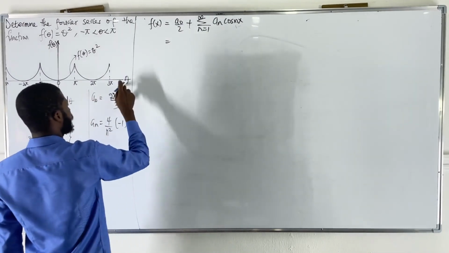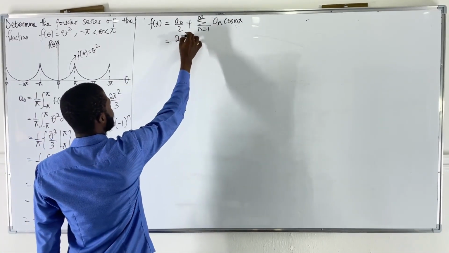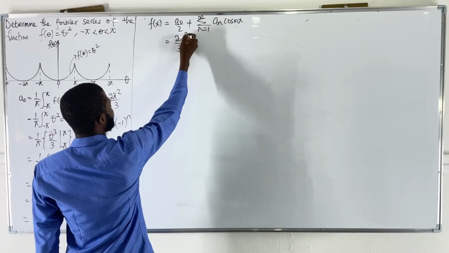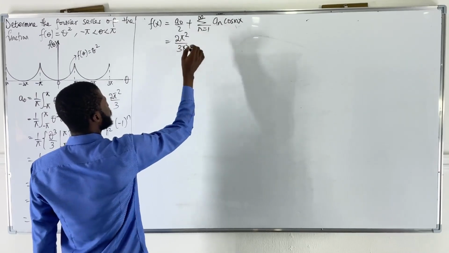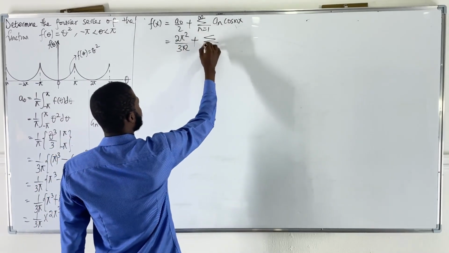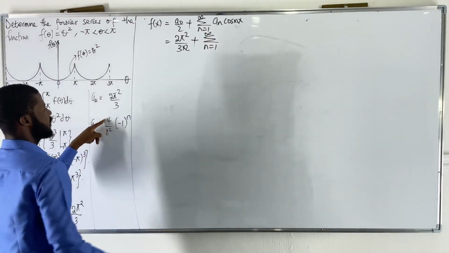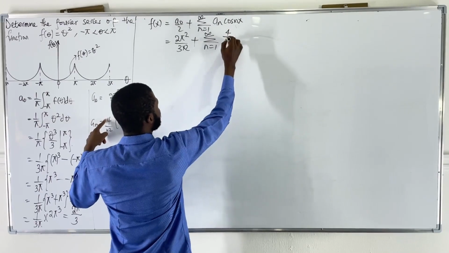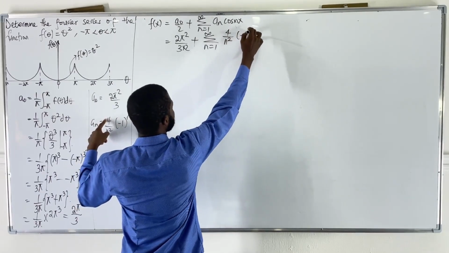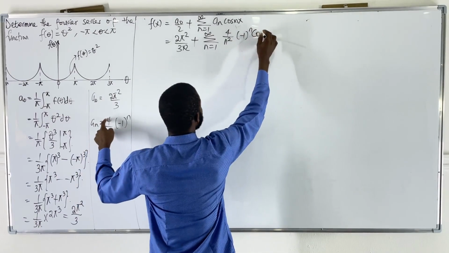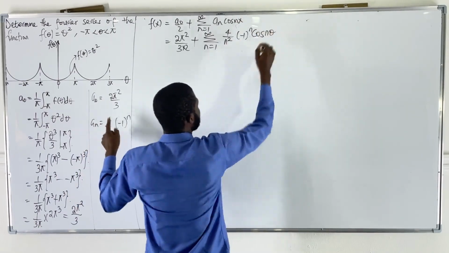So a naught is 2 pi squared over 3. Now, since there's an over 2 here, let me just put times 2. And then plus the sum from n equal to 1 to infinity of a sub n, which is 4 over n squared into minus 1 to the power of n, and then cos n theta.